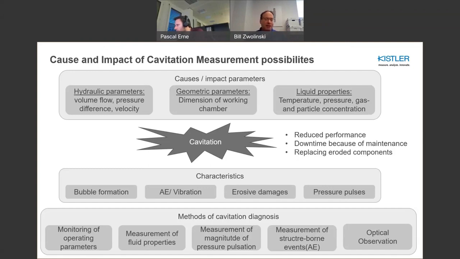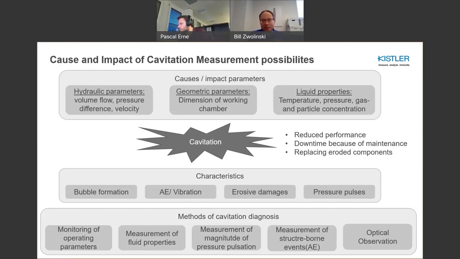And then there are many methods you can use to investigate. Maybe put a pressure sensor in there and determine what's going on in the pressure range. Well, to do that, you have to drill and tap a hole and have the pressure sensor exposed to the flow. Again, you could use an acoustic emission sensor, which is on the outside of the structure, measuring the actual event as well.